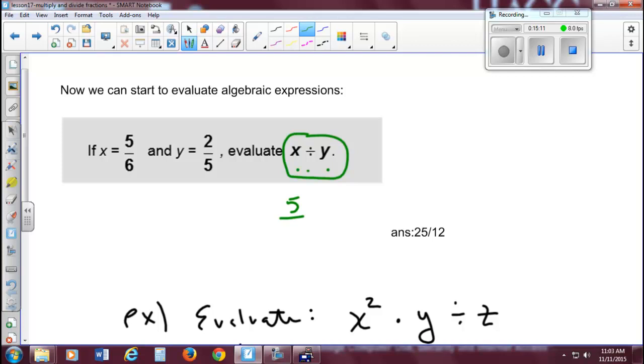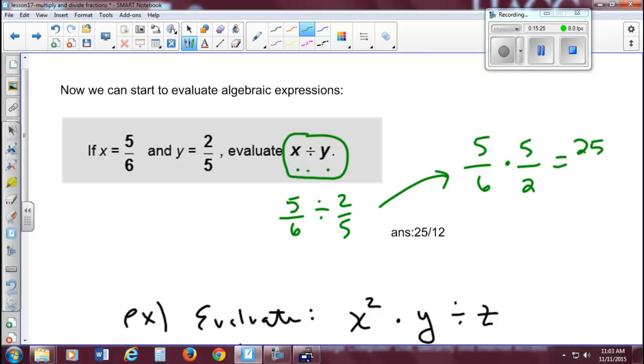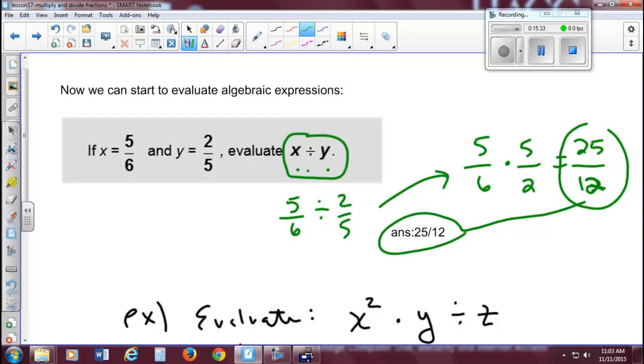So we know we need 5/6 divided by 2/5, and now we know that really means 5/6 times the reciprocal, times 5/2, and then travel straight across, which really means 25/12. And voila. Sorry, the pen was being fussy there. 25/12, you see I've snipped in the answer.